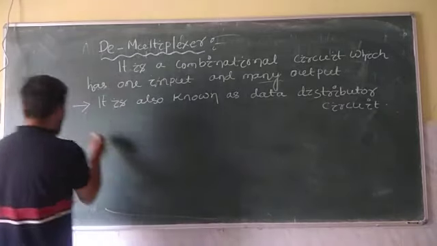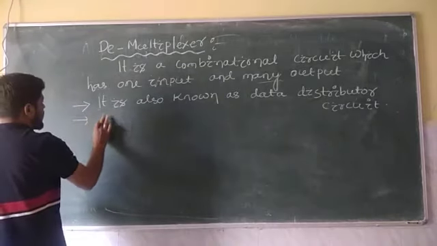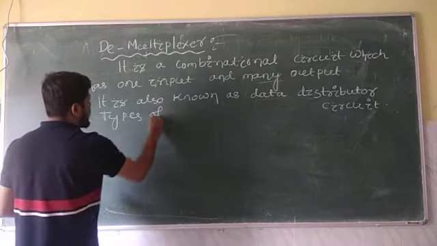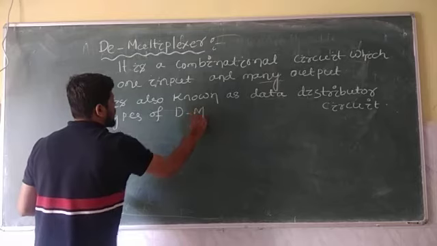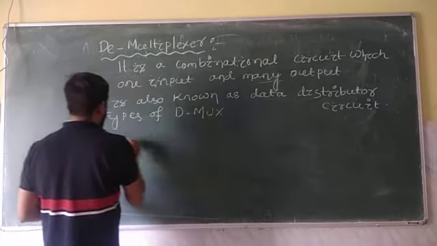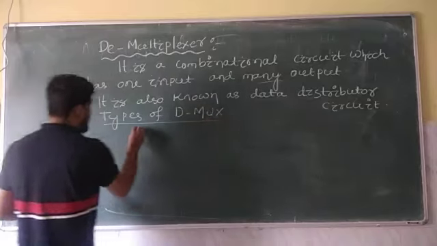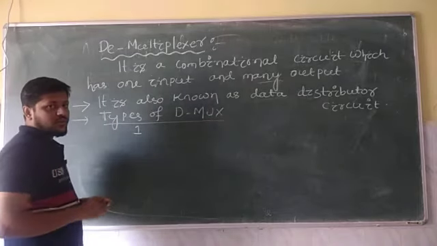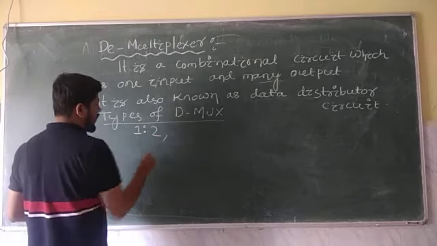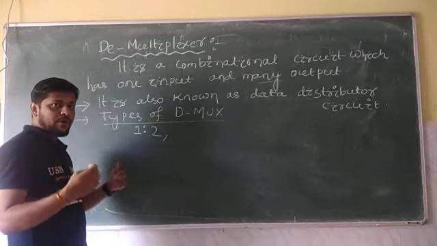Then what are the types of DMUX? The input is always constant but we have many outputs, and the outputs are always in the power of 2.